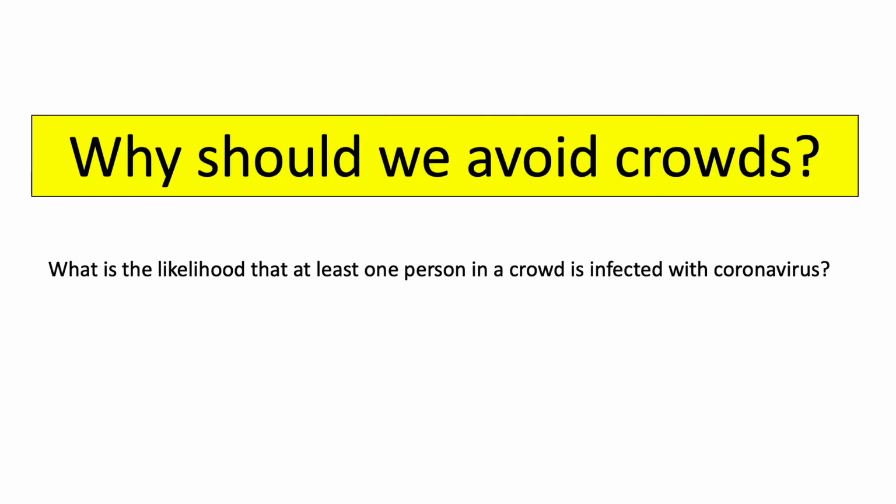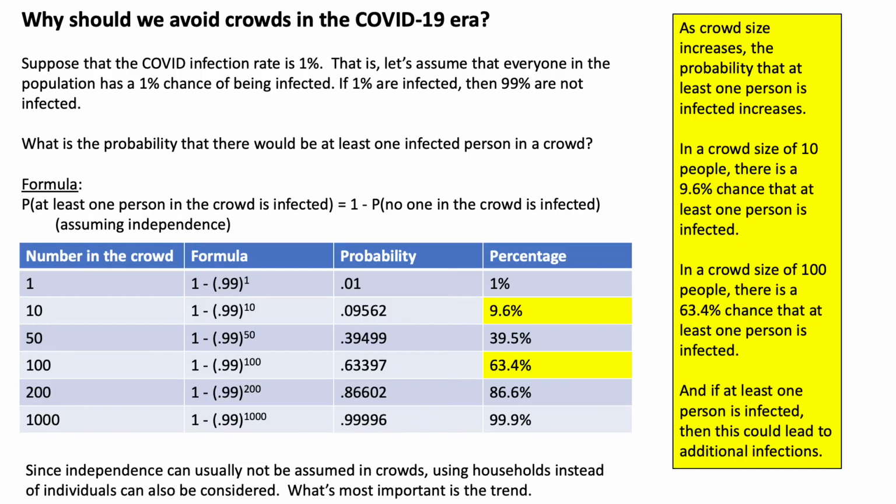Why should we avoid crowds? It is recommended by the World Health Organization and the CDC that we should avoid crowds. What is the mathematics behind that? To answer this question, we're going to calculate the probability that at least one person in a crowd is infected with coronavirus. In this example, we're going to start with an assumption that the COVID infection rate is 1%.